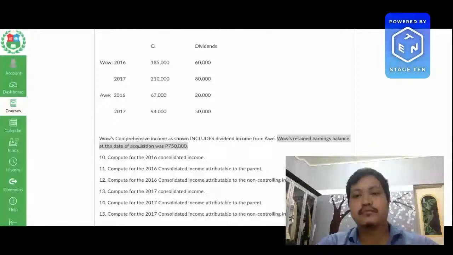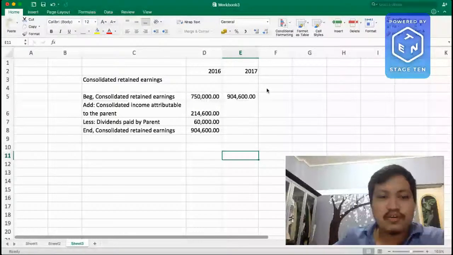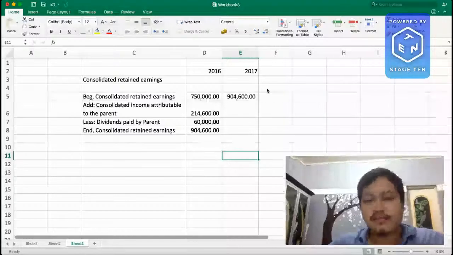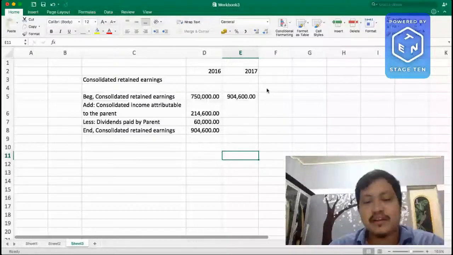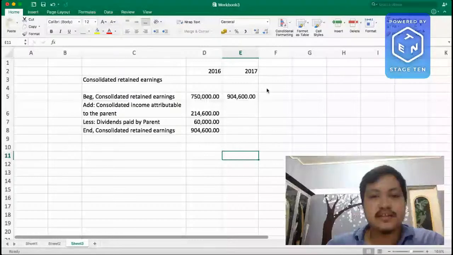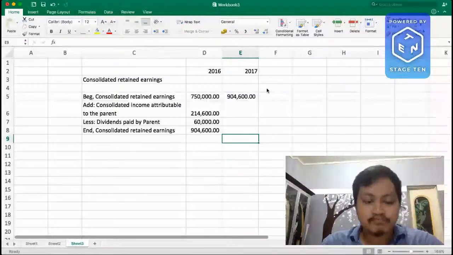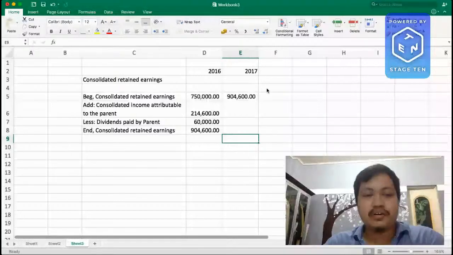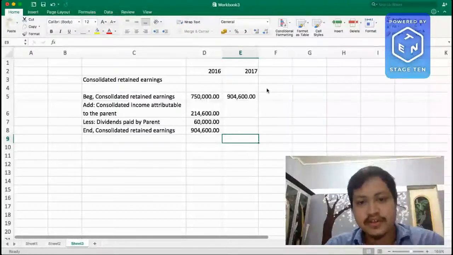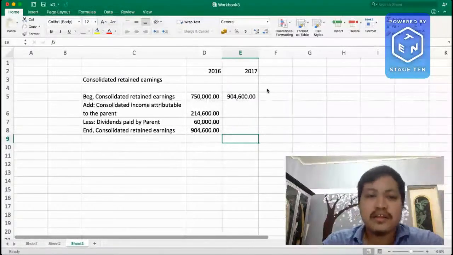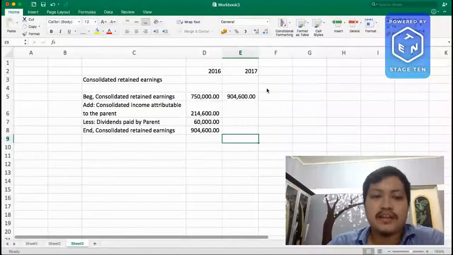So for 2017, we already have the beginning consolidated retained earnings, but normally this information would not be readily available. We have the 904,600 because we solved it in 2016. Once you already have the 904,600, then the rest of the steps would be very easy, class. Okay, so before we make it our problem on what to do if we are just given the retained earnings of the parent in subsequent periods, let's master first what to do if you already have the beginning retained earnings of the consolidated entity.